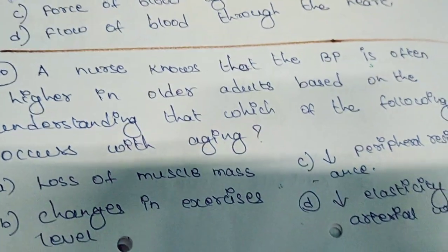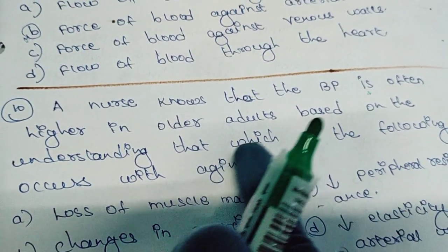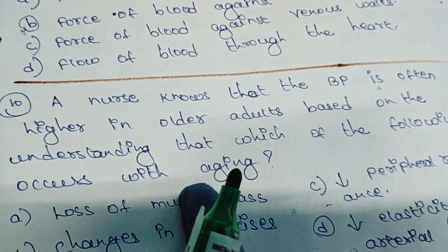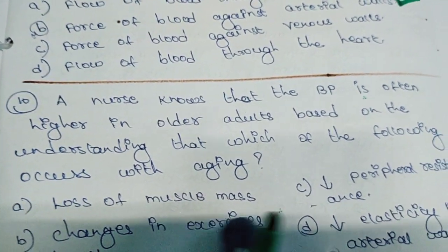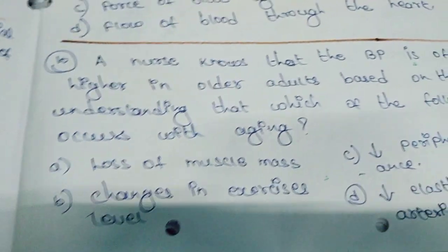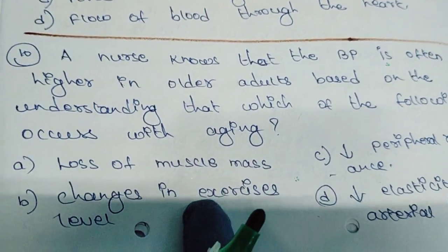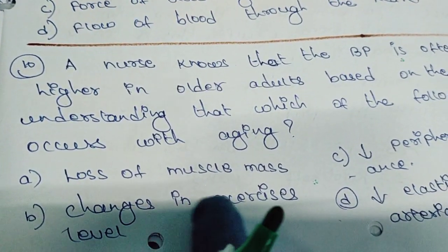The next question, a nurse knows that the BP is often higher in older adults based on the understanding that which of the following occurs with aging. What happens with aging that the blood pressure of the older people is quite higher than the young ones?